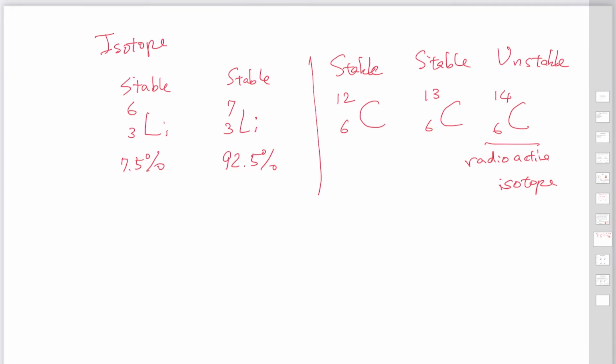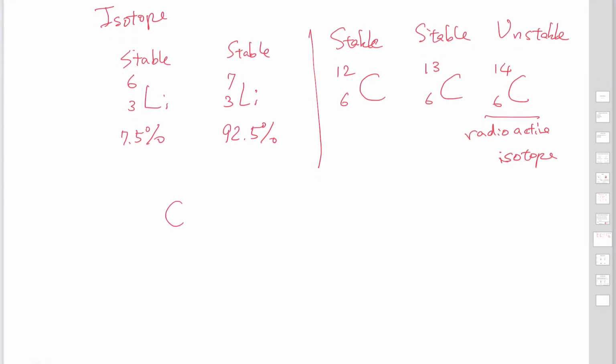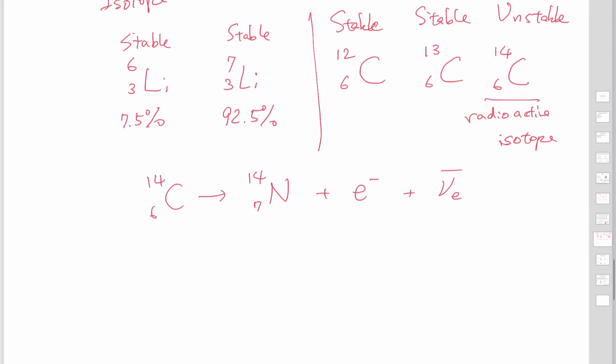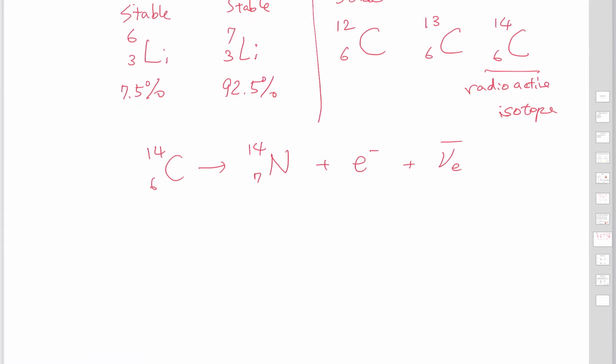Actually, carbon 14 decays into nitrogen 14 by emitting an electron plus an electron antineutrino. So using this method, by measuring the quantity of the nitrogen, we can determine the age of an object.